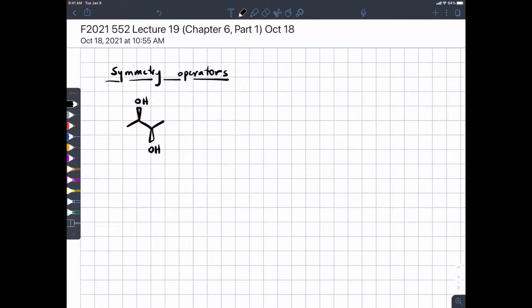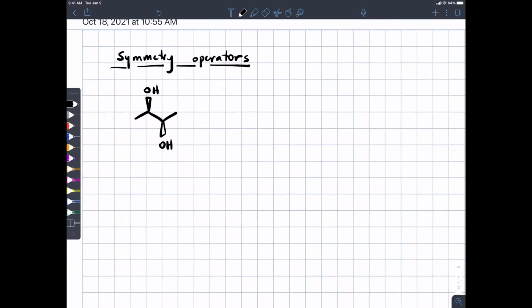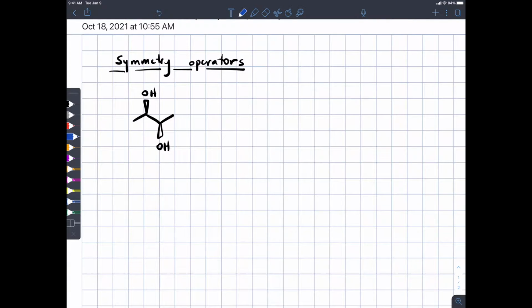which is chiral, it has something that's called C2 symmetry, which is if I put an axis right here, coming out of the page and going into the page, but bisecting that bond between carbons 2 and carbon 3. And then if I rotate 180 degrees, I get the exact same thing.